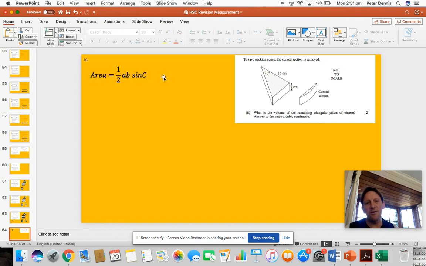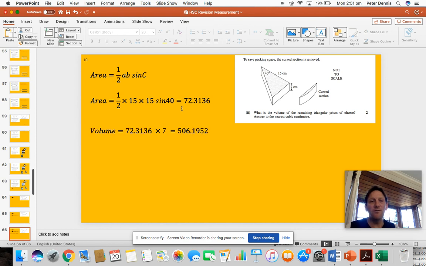So a half of 15 times 15 times sine 40 is 72.3, and then the volume is going to be that times 7. So what is the volume of the remaining triangular prism of cheese? 506.1952, and that would be in centimetres cubed.